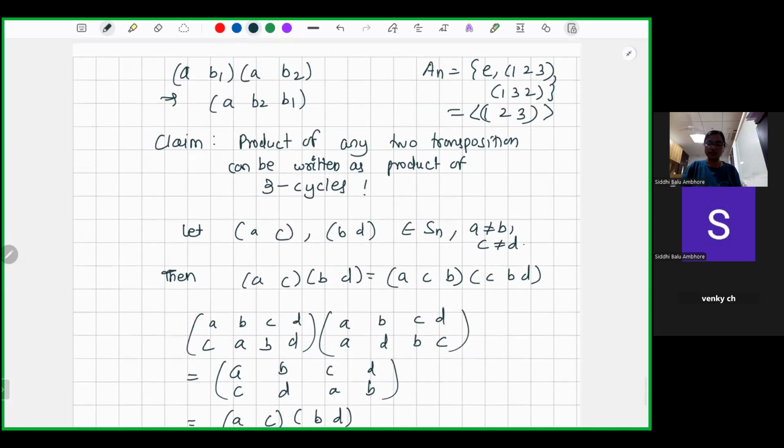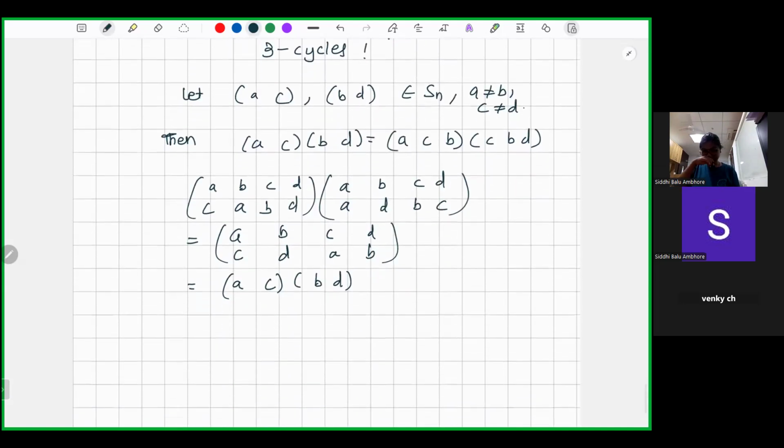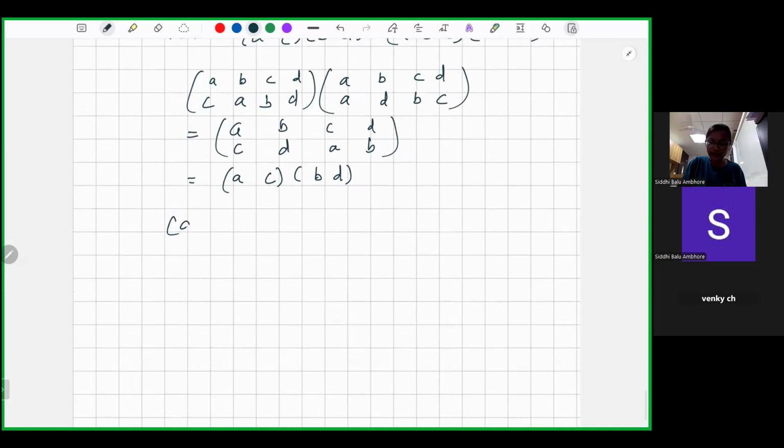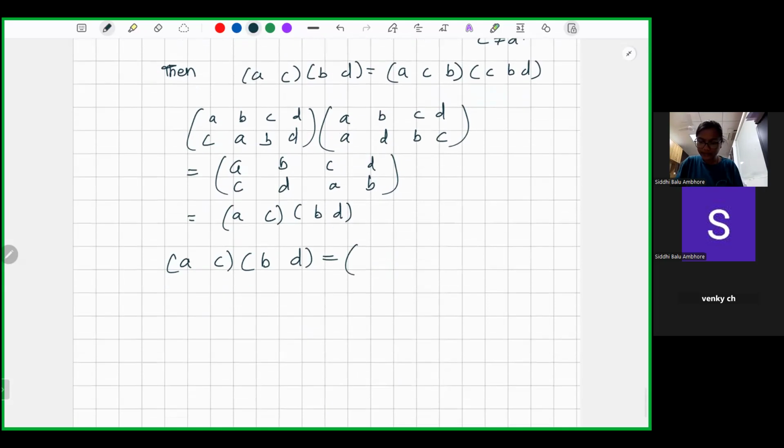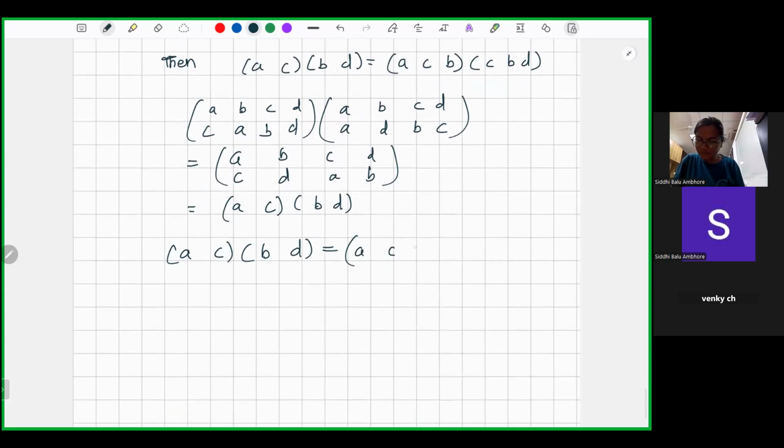So if I choose, you can shuffle and check that. This is exactly what we wanted: any product of two transpositions, we could write as a product of these 3-cycles.